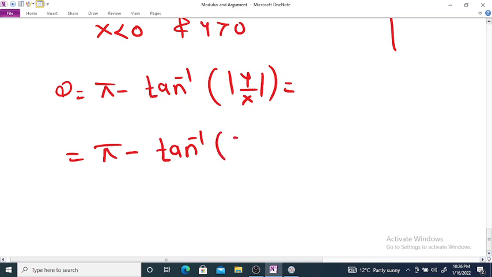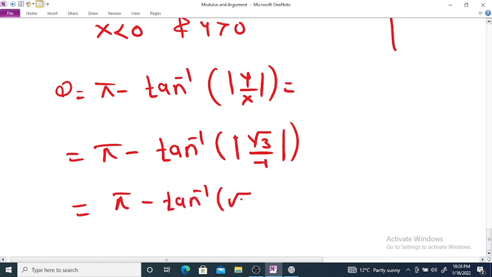It is equal to pi minus tan inverse of under root of 3 divided by -1, since it is a mod, it is equal to pi minus tan inverse of under root of 3, and we know that tan inverse under root of 3 is equal to 60 degrees, so it is equal to pi minus pi by 3, so this is equal to 2 pi by 3.